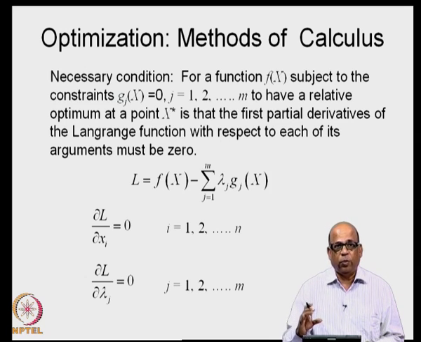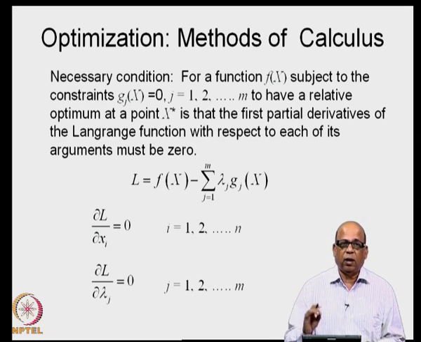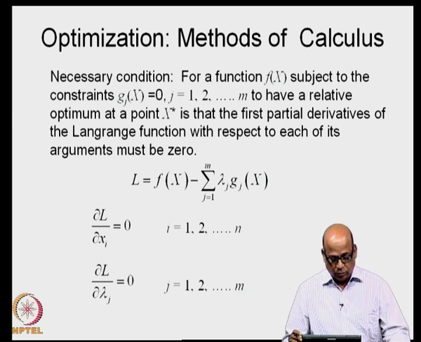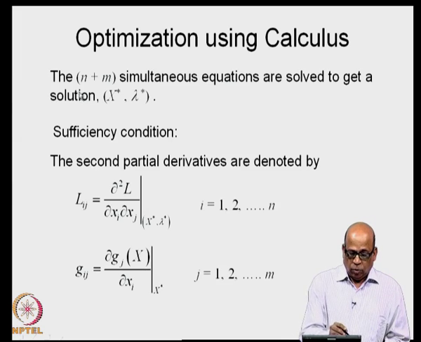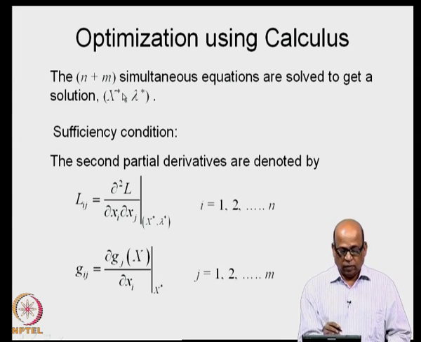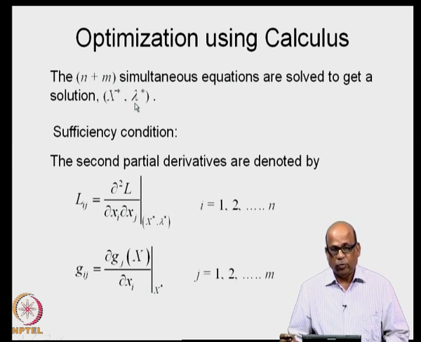So, you solve for the xi's as well as the lambda j's, and that constitutes the stationary point. After solution of these n plus m equations, you get x star and lambda star as the solution. This is in fact called the stationary point.